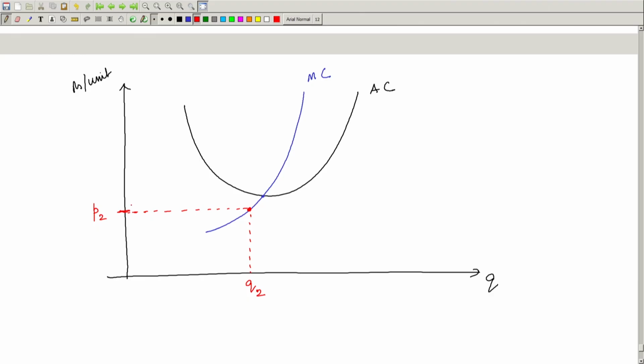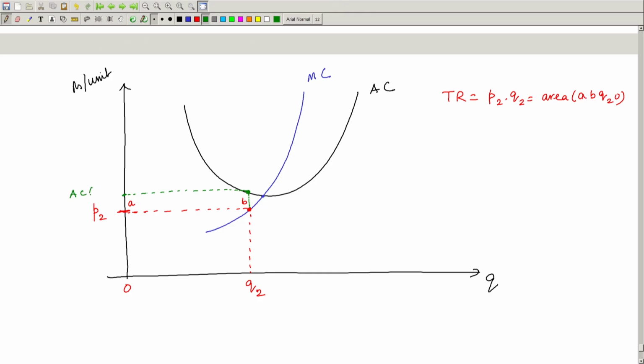So, the total revenue is this area A, B, Q2 and 0, right. So, the total revenue is essentially P2 times Q2, which is the area A, B, Q2 and 0. What is the total cost? Well, the total cost is the average cost of producing each one of these Q2 units, and I multiply it by the number of units being produced, right.